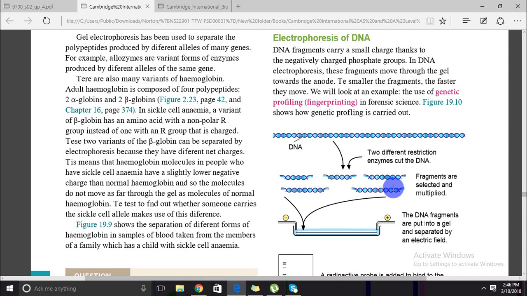Sickle cell hemoglobin has a slightly lower negative charge, so it won't move as far up, that is, towards the anode.